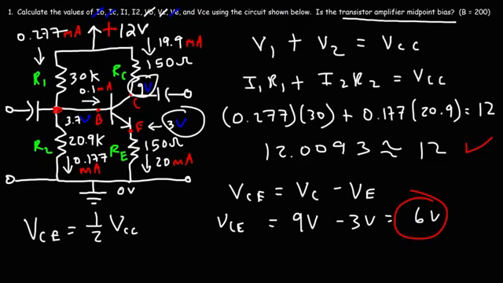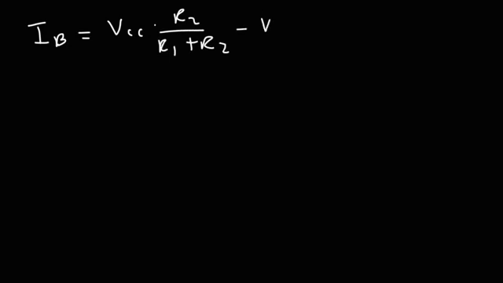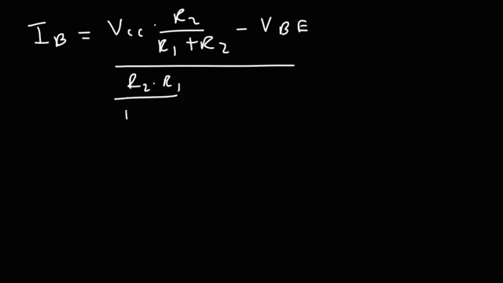Now let's talk about how we can derive the formula for IB. So we said that IB is equal to VCC times R2 over R1 plus R2 minus VBE divided by R2 times R1 over R1 plus R2, and then plus beta plus 1 times RE.